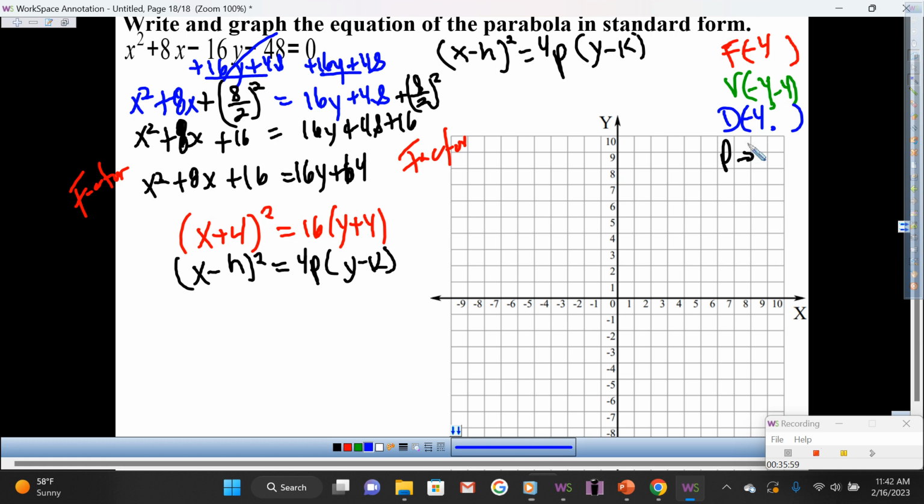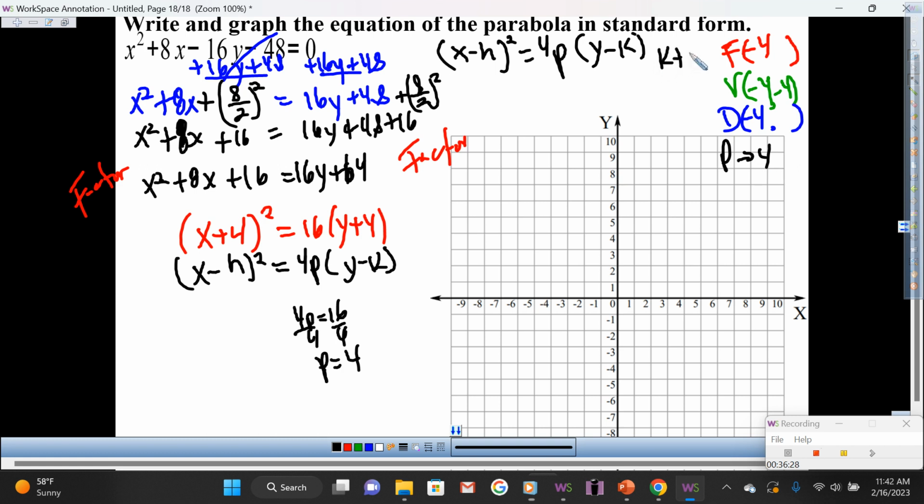Pass someone, Anaya. Diego, Romo, what do I do? Let's go from the corner. Divide by 4, and p equals 4. P equals 4.